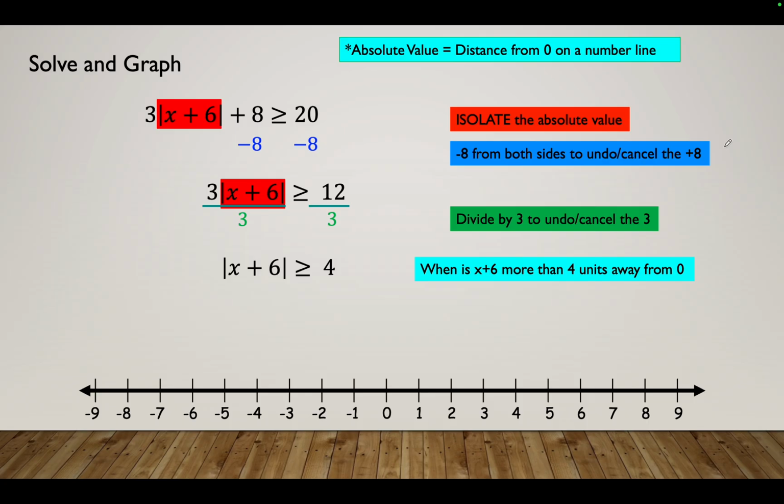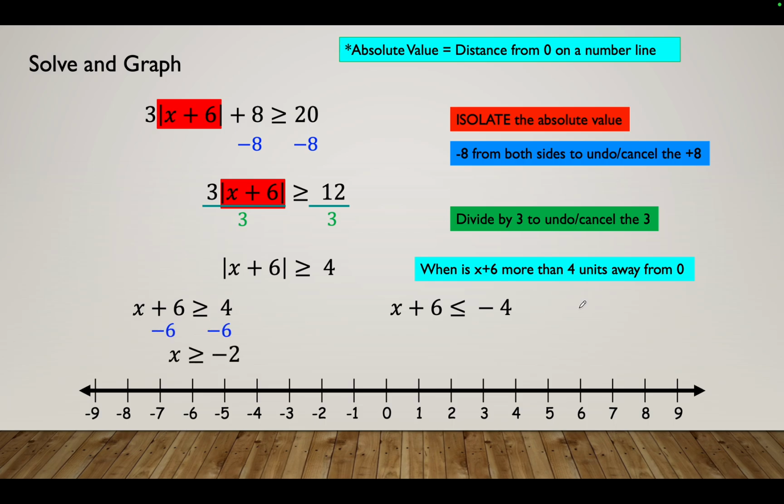When is x plus 6 more than 4 units away from 0? Well, it's going to be a positive 4 or negative 4. So we can say x plus 6 is greater than or equal to 4, and x plus 6 is less than or equal to negative 4. This graph is just telling me what I should be putting here at the end of my inequalities. So we'll take that away.